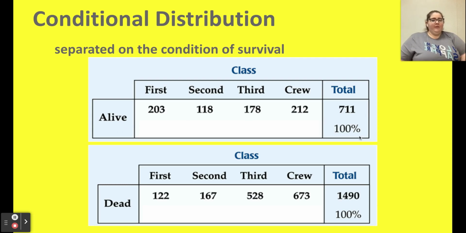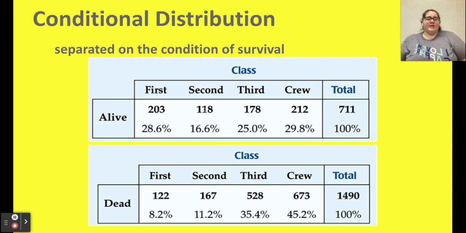For the people who lived, what percent were first class? 203 out of 711. For second class, 118 out of 711. So I found each of those percentages for people who lived, and then I did the same thing for those who died: 122 out of 1490, 167 out of 1490, 528 out of 1490, etc., and found the percentages.